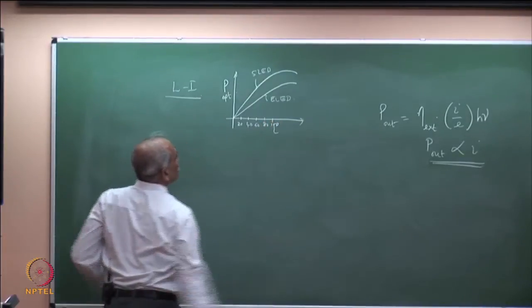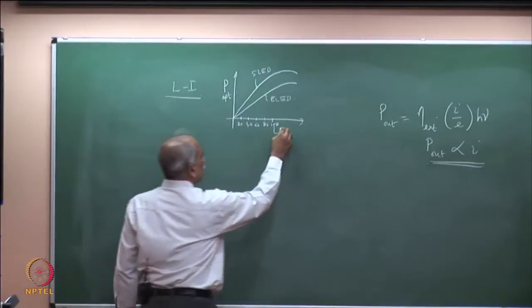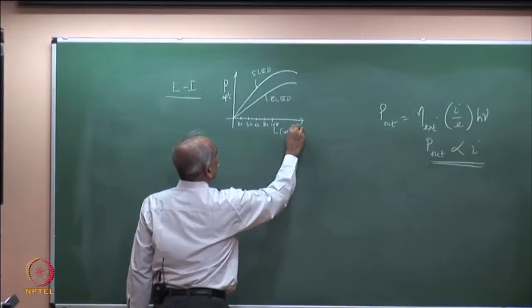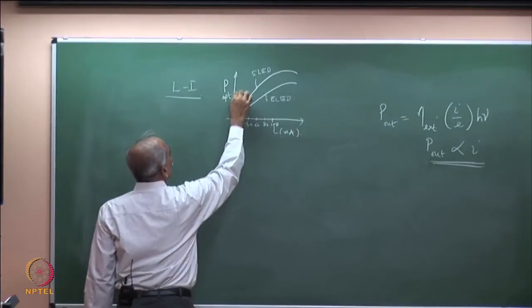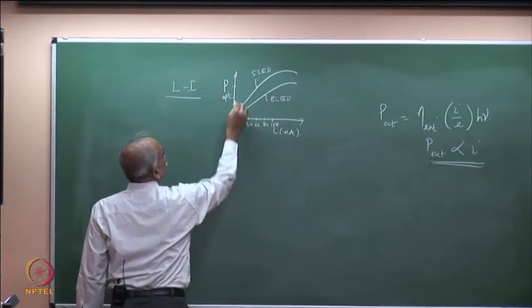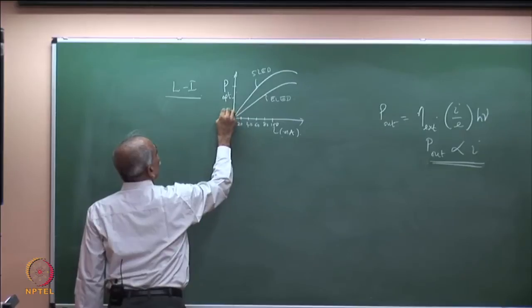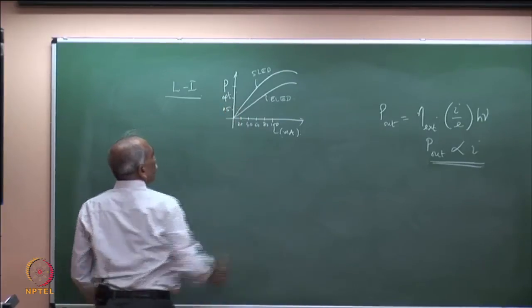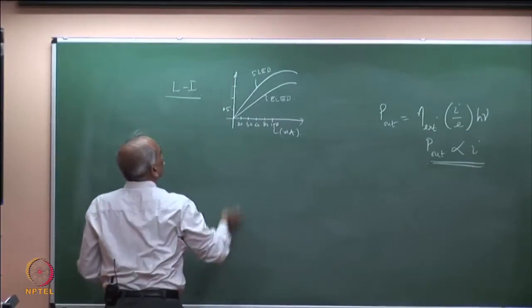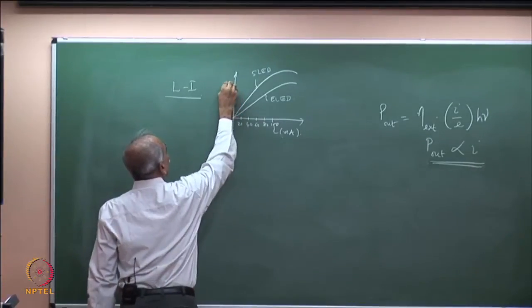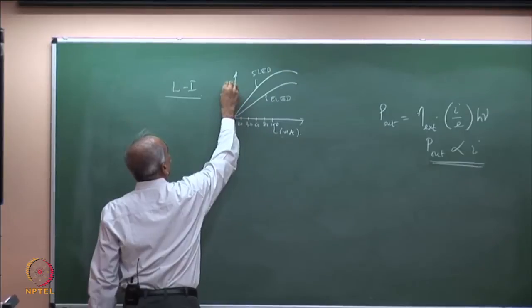So, around 100 milliampere, this is I in milliampere, and this could be say 0.5, 1, 1.5. What is the unit?